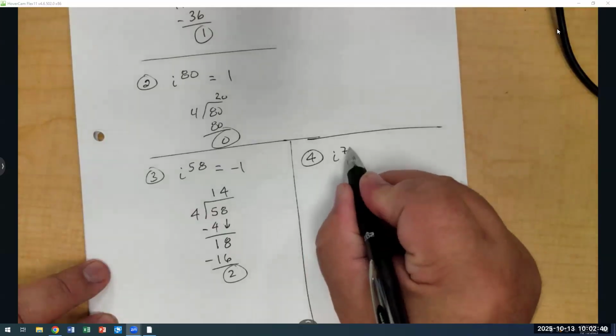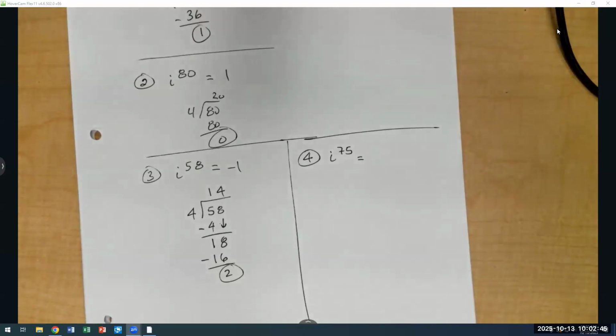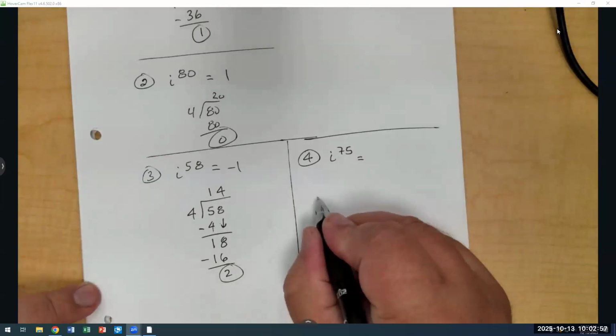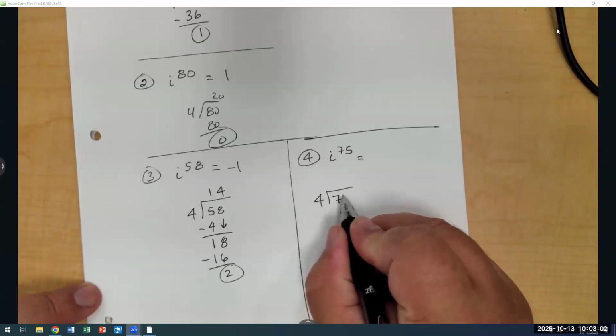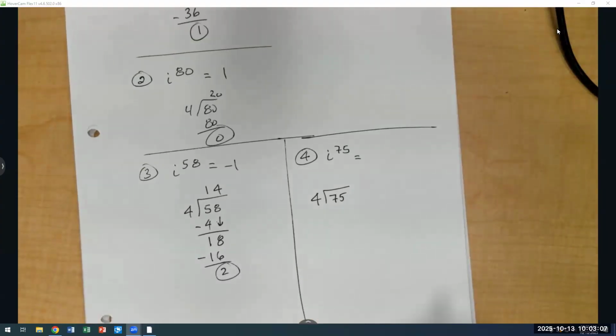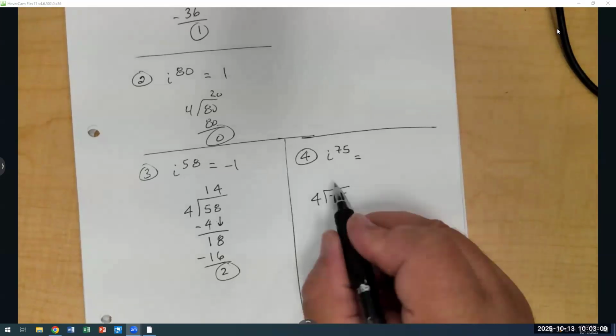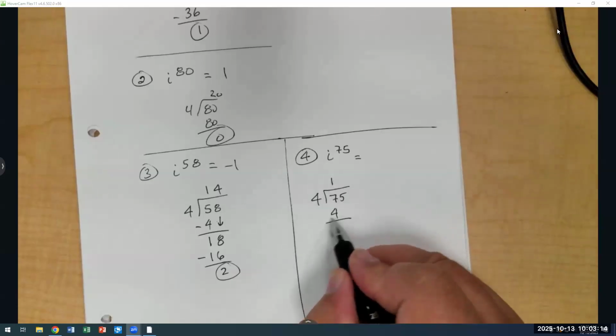Then i to the 75th. So whatever the exponent is, divide it by 4. Four goes into 7 1 time. 1 times 4 is 4.